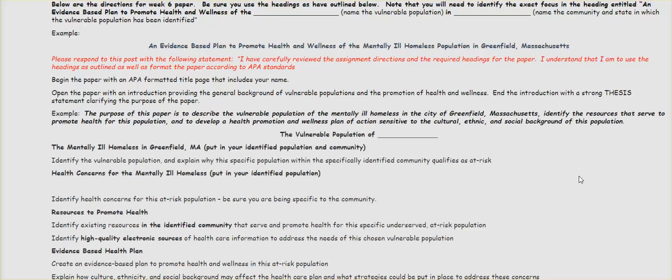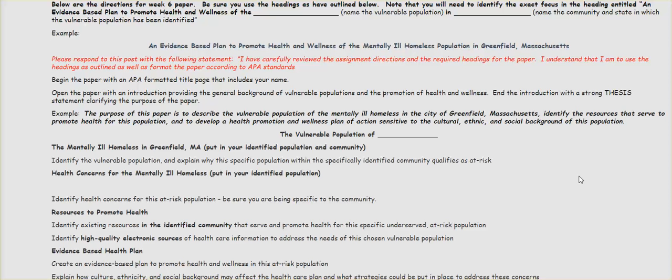See what you can find in internet sources about this population. For example, there's a lot on the internet about supporting the mentally ill homeless. If I were writing this paper with this specific focus, I'm sure I would easily find sources.